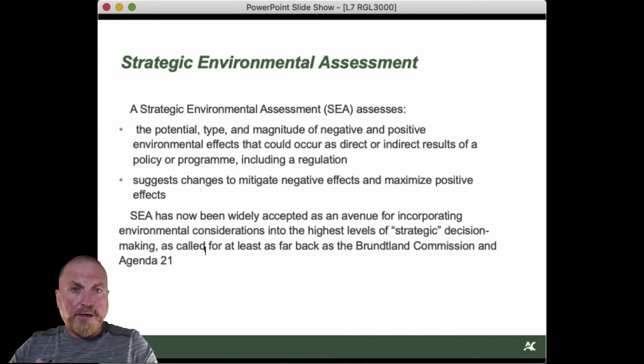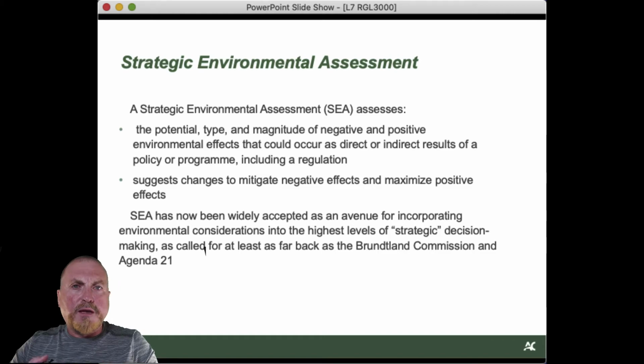This would clearly be a case where not only would a RIAS be required, because this would be a major regulatory change, but an SEA would also be required because you're dealing with the Great Lakes. Obviously, any policy change in this area could have a significant environmental impact. So when a regulation went up to approval by Cabinet, in addition to all the other documents we've discussed, it would also need to have an SEA attached.